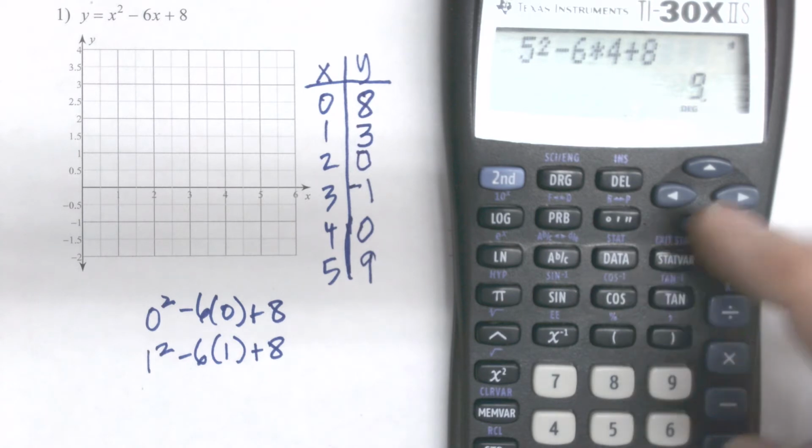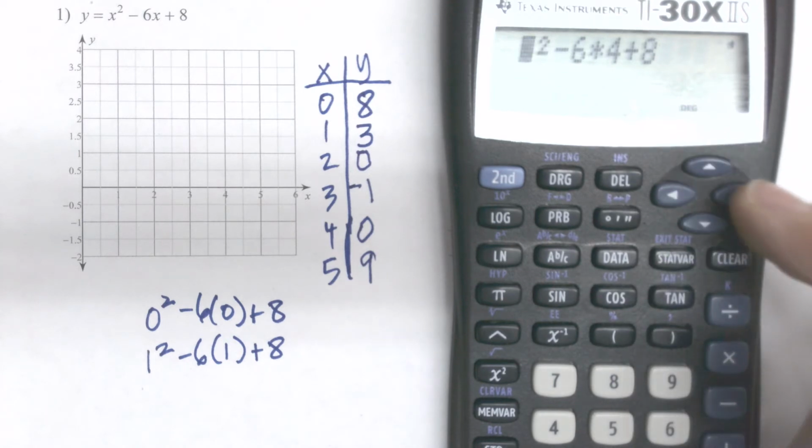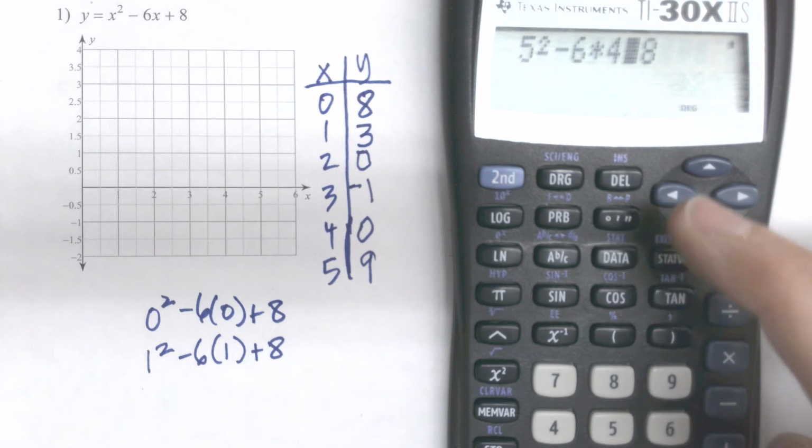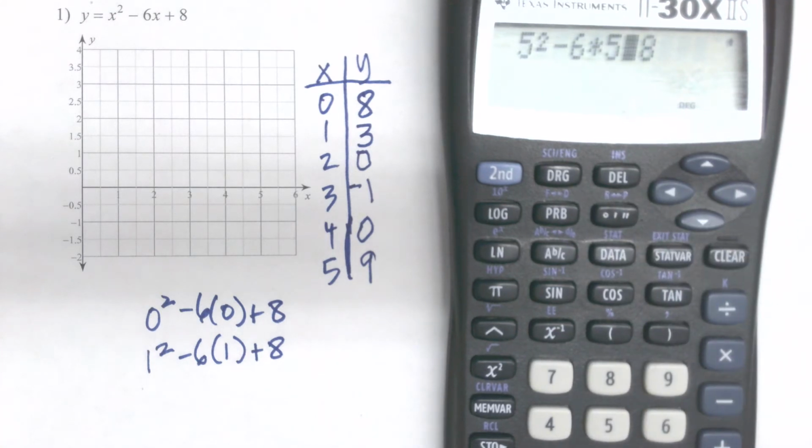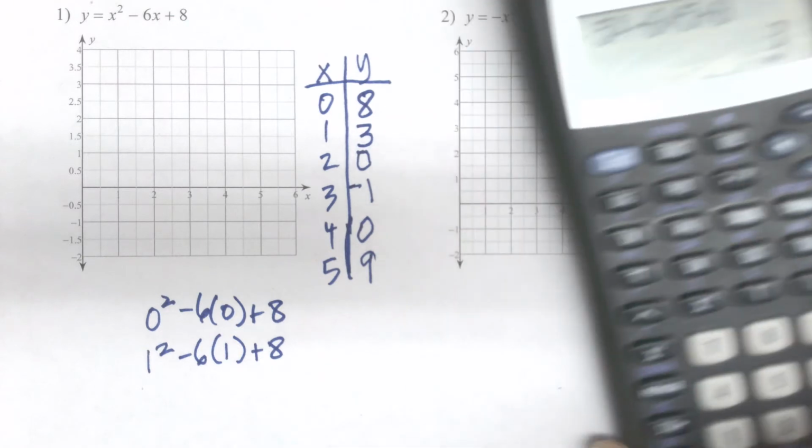Oops, I plugged in the wrong value on that one. 6 times 5, it should be plus 8. Okay. Enter 3.